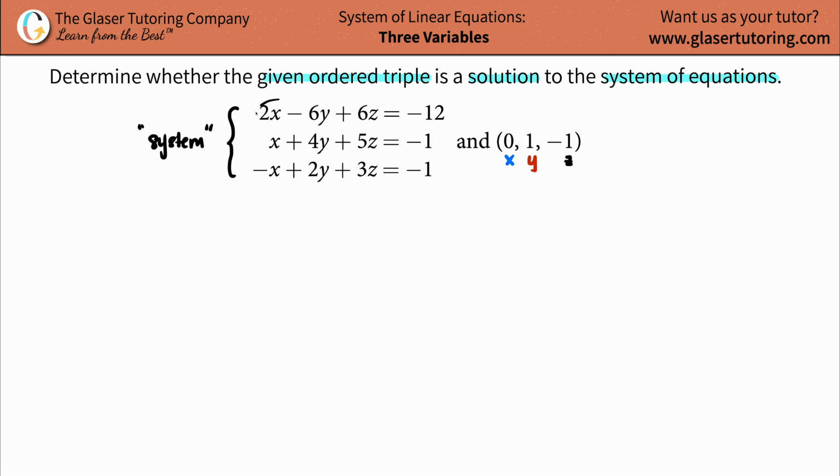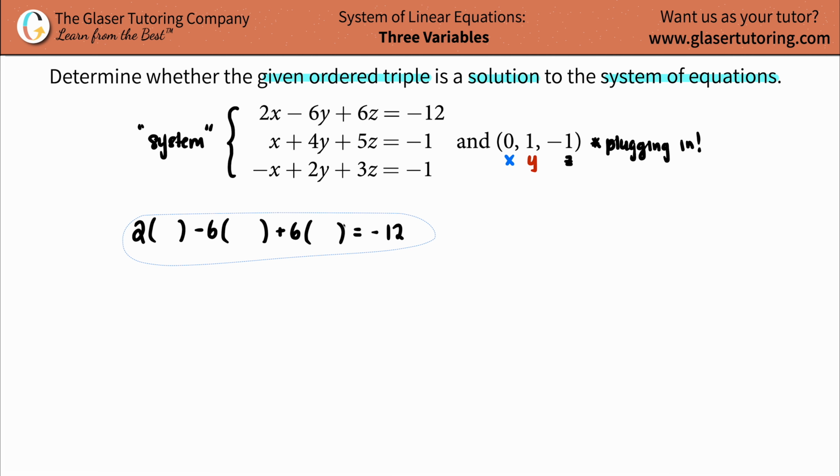For each one of these, all you have to do is see if it makes the equation correct. So for the first one, 2 times x, all we're doing is plugging in and seeing if the equations are correct. So 2 times x minus 6 times y plus 6 times the z value equals negative 12.